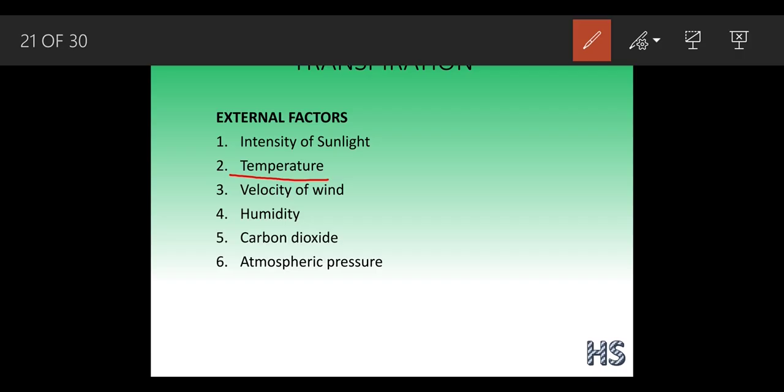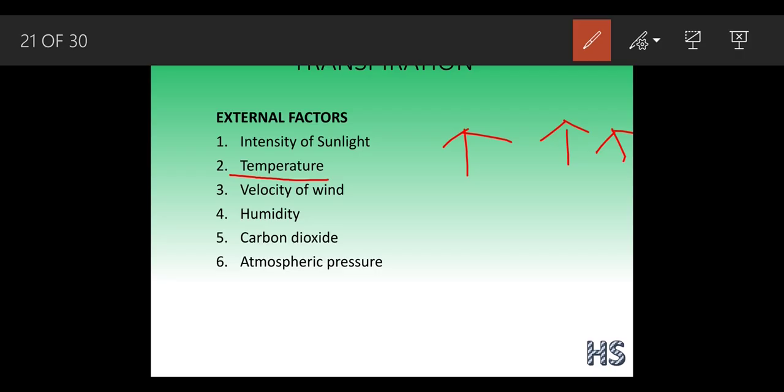Same like that, if the temperature is higher outside, there will be a lot of evaporation, and as there is a lot of evaporation, there is more transpiration also. So intensity of light and temperature are quite similar in nature.